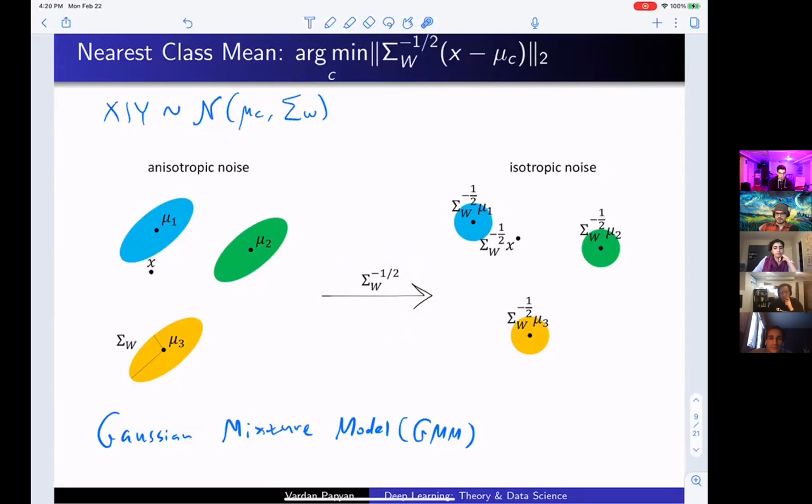Or you don't see? I think I mentioned this last time, but I feel like maybe I wasn't too clear on this point. So imagine you take a certain x, and you look at the distribution of x given y. We assume that the distribution of x given y is normal with a mean mu c and a covariance sigma W. Does anyone have any objections to this assumption?